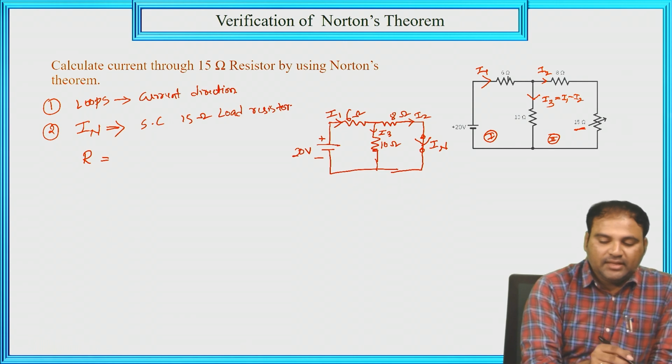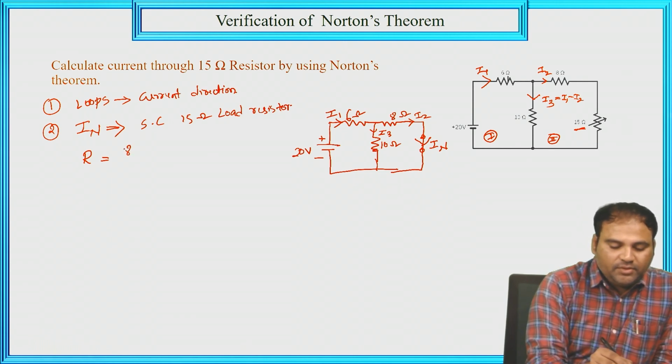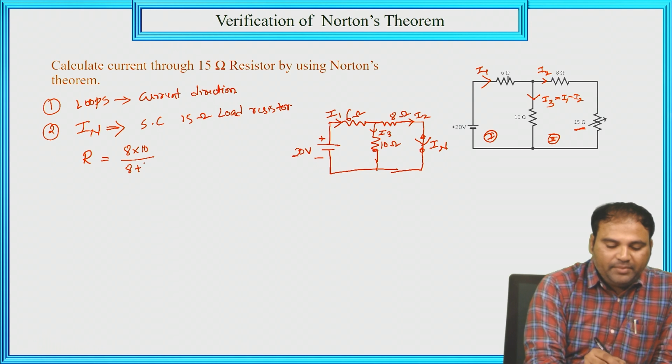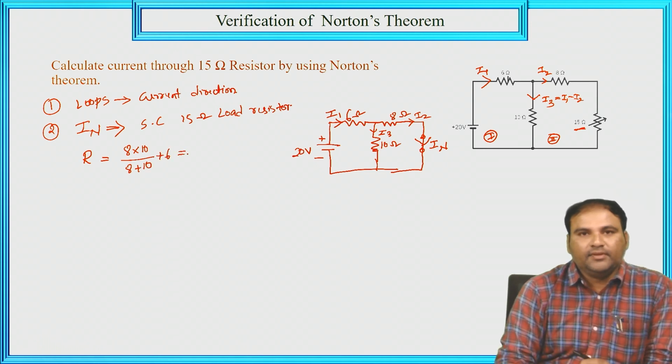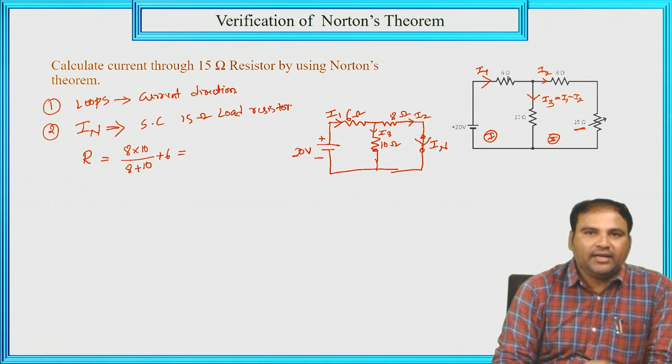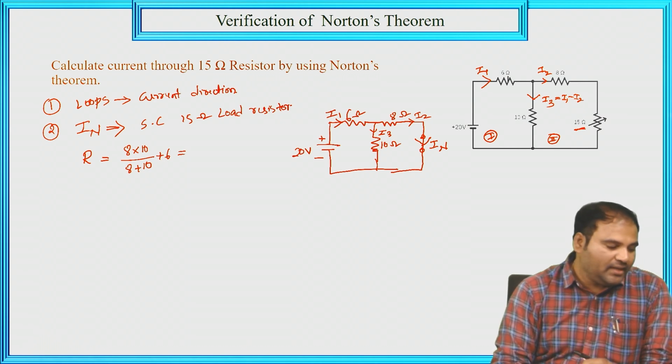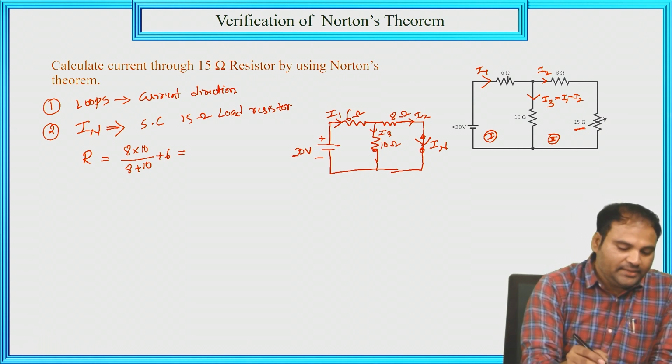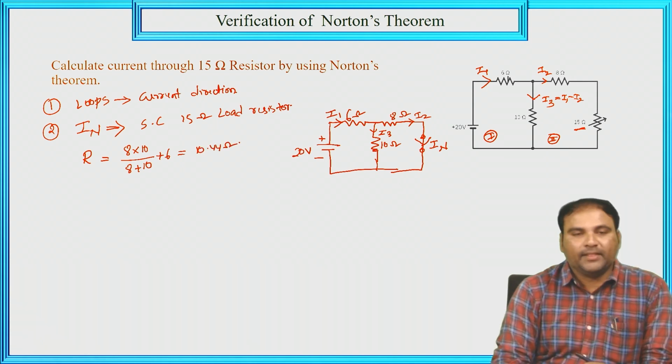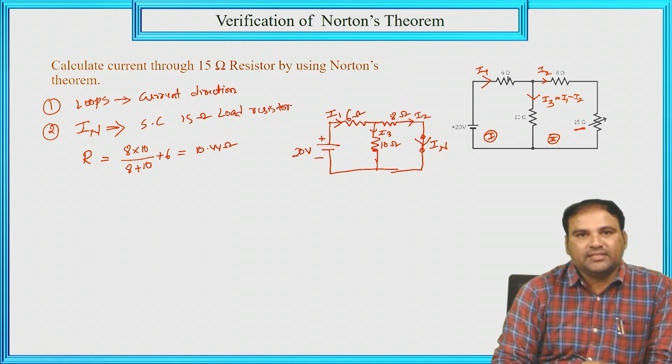So R equals 8 into 10 divided by 8 plus 10, plus 6. Okay, 8 and 10 are connected in parallel, and the parallel combination is in series with 6 ohm. Now by calculating the R value, we will get 10.44 ohm. That is the total resistance of the circuit.